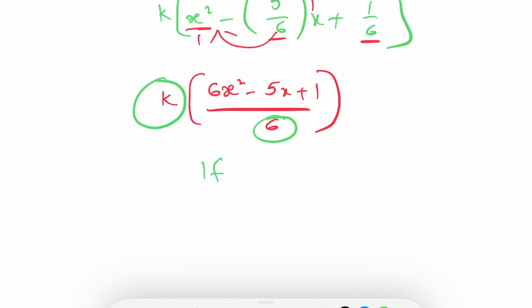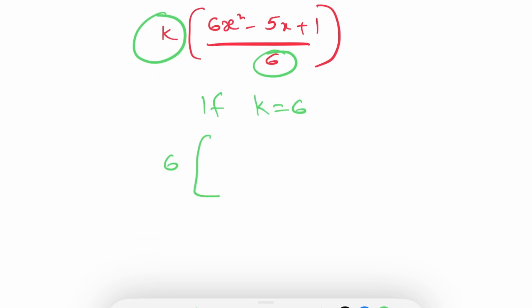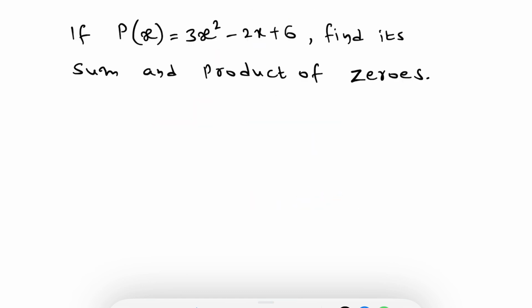So if k equals 6, substituting 6 in the place of k, 6 of 6x square minus 5x plus 1 divided by 6, the 6 cancels, so the remaining is our required quadratic polynomial, 6x square minus 5x plus 1.